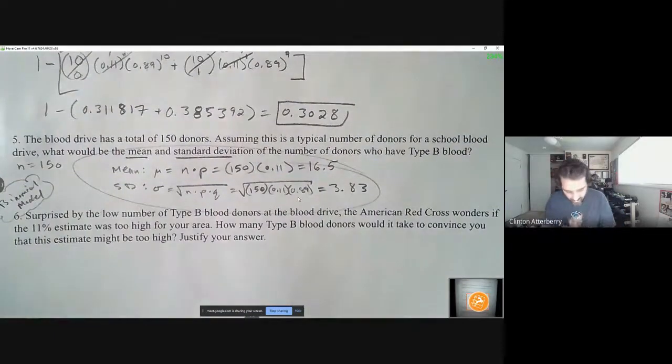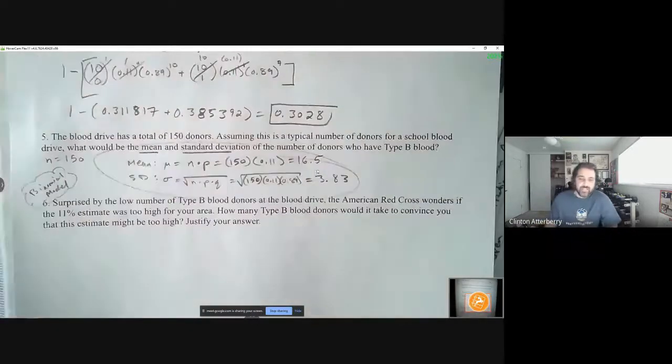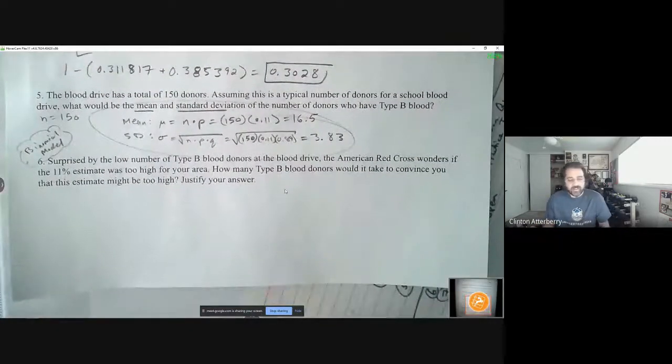This last section is a lot of writing. Generally speaking, on a question like this, there are different ways you can do this, but I'm going to show you the way that seems to be the easiest.